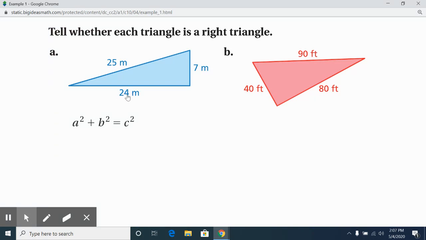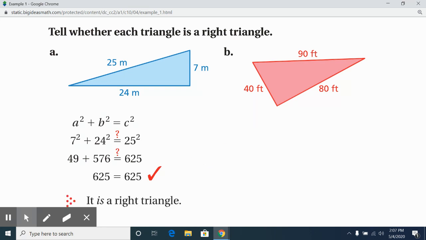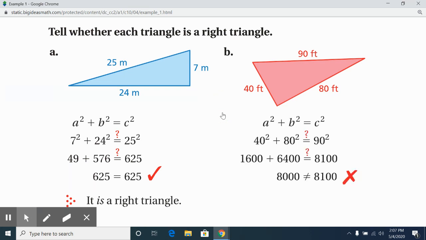These have got to be the legs, so those are a and b. We plug those numbers in and question: when we do the math, does it make an equivalent equation or not? Here are two examples, one where it was a right triangle and one where it's not. We're just using the Pythagorean theorem to prove whether it is or is not a right triangle. That's just like number 12.